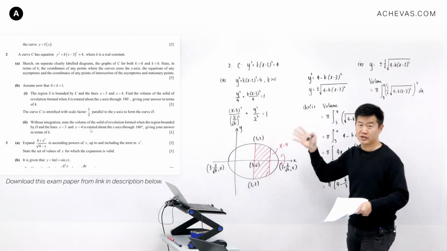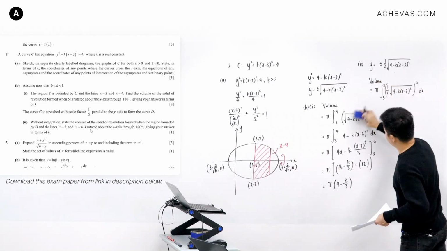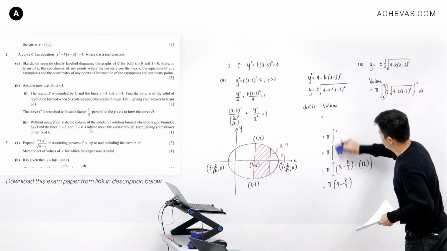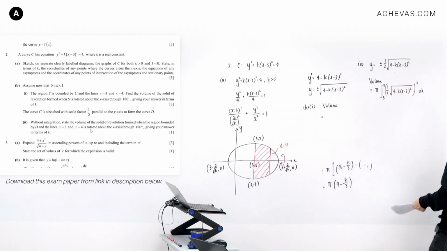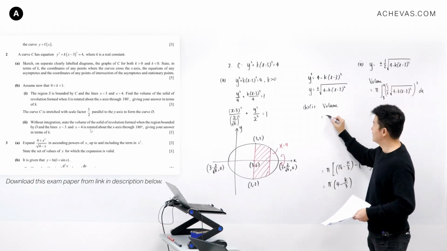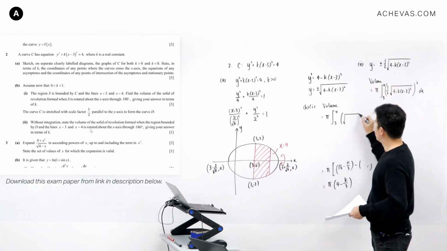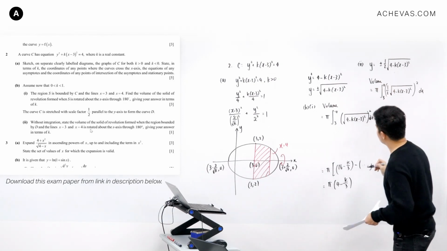the new transformed graph. And for this, let me erase this a little bit, okay? I just realized something. I shouldn't have erased this because I will be needing this. So let me just rewrite this again. This is integrating from 3 to 4 of square root of 4 minus k x minus 3 squared dx, squared.